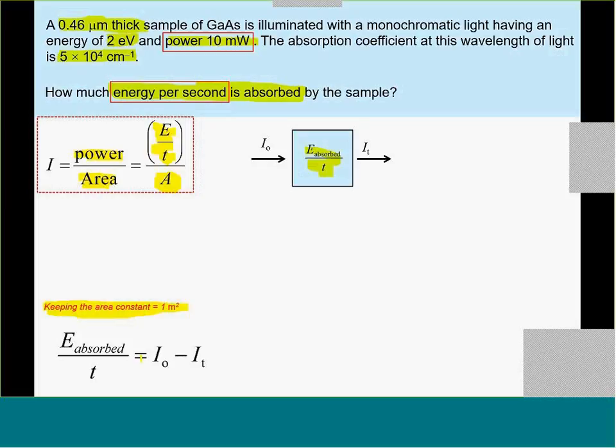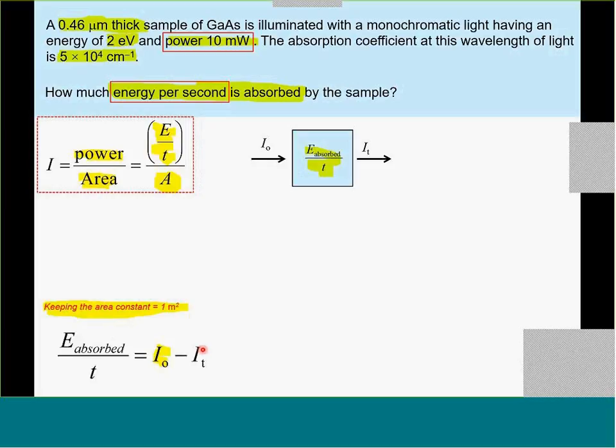Okay, so now, to get the E absorbed, it is essentially our incident intensity minus our transmitted intensity. And we know what is our transmitted intensity, isn't it?